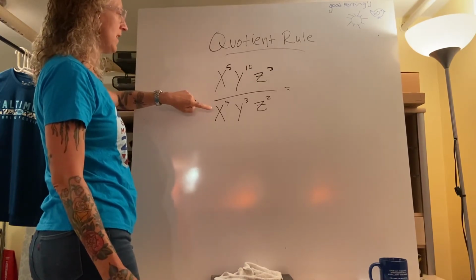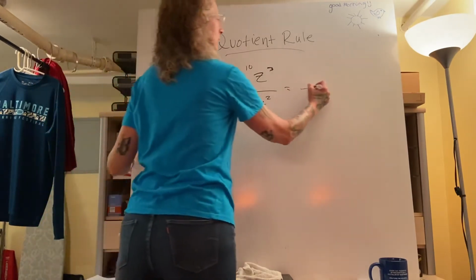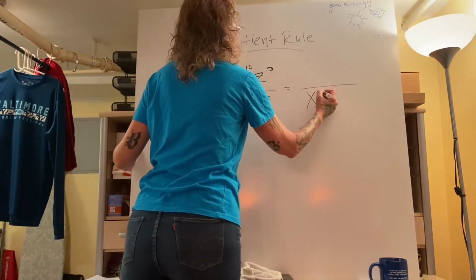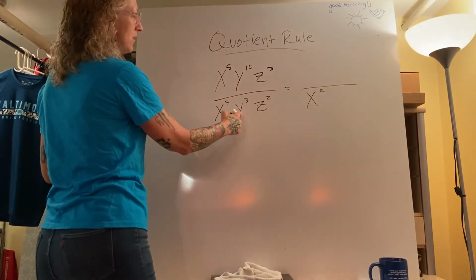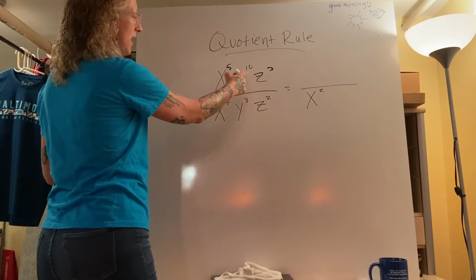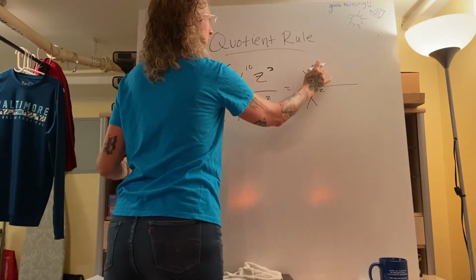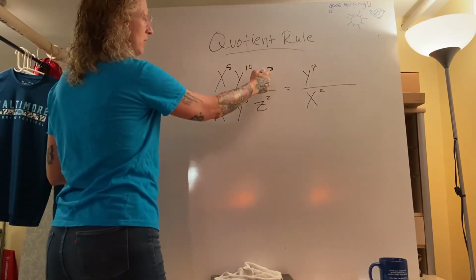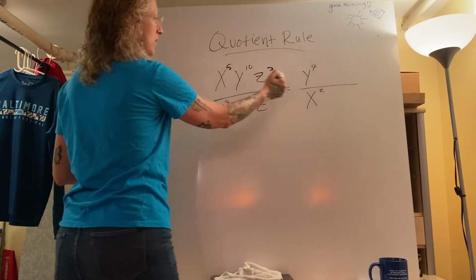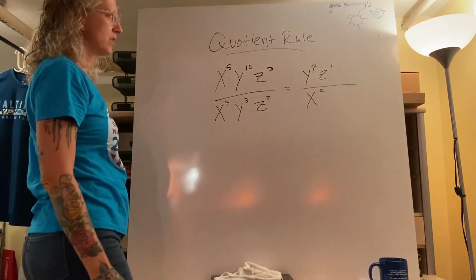So we would just say x to the 7 minus 5 would be x squared. So the bottom would stay x squared. Y to the 10th over y to the third, 10 is bigger, so 10 minus 3 is 7, so the y is going to stay on top. Y to the 7 stays on top. Z to the third over z squared, 3 is bigger, 3 minus 2 is 1, so the z stays on top. So that's that question simplified.